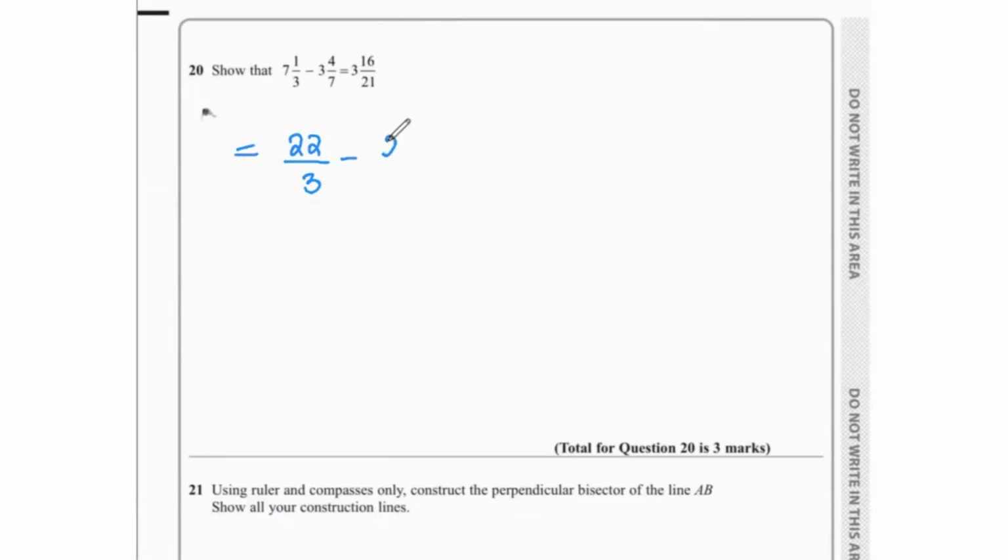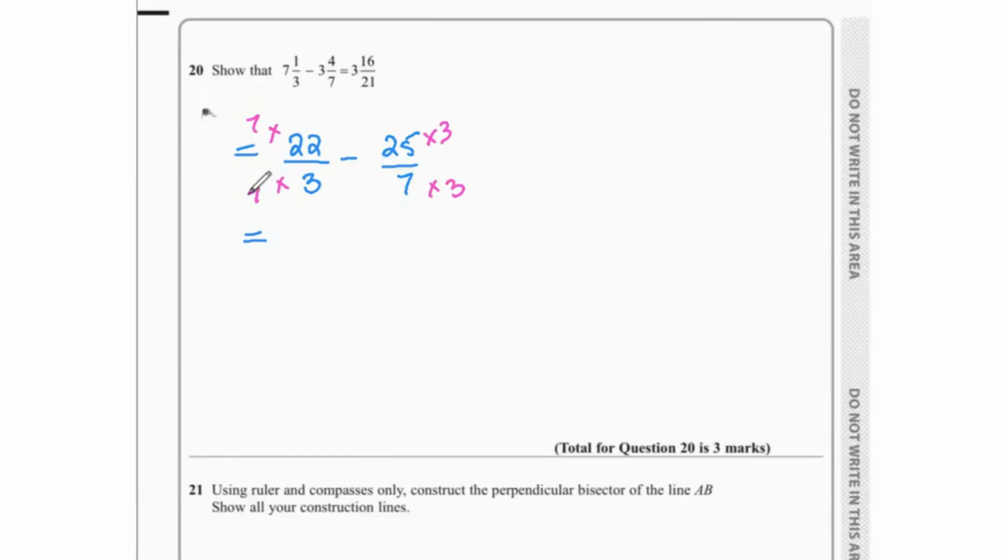21 plus 4, 25. Next step is to make the denominators equal, because we cannot add or subtract fractions with unlike denominators. So we multiply the first fraction by 7 and the second fraction by 3.